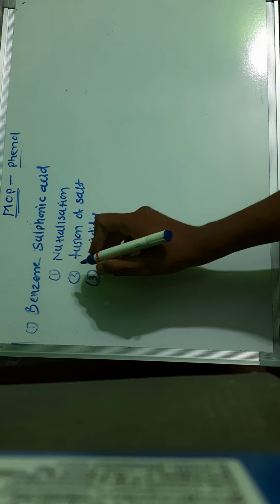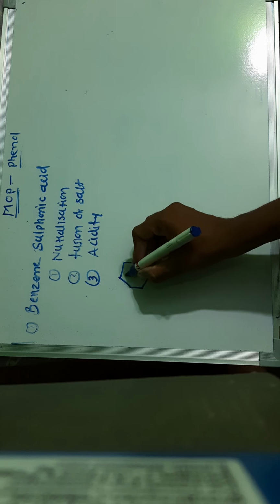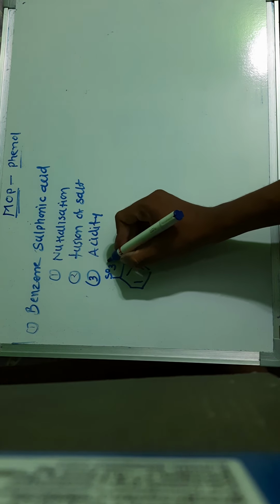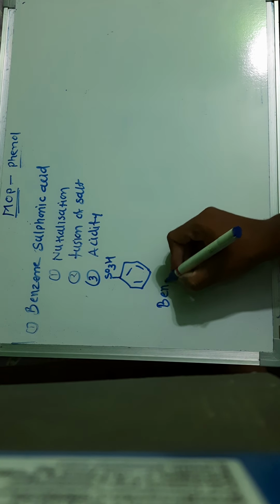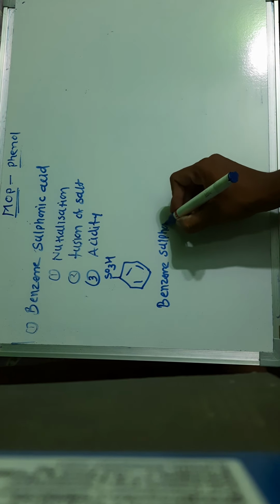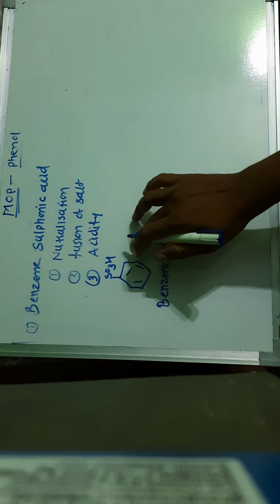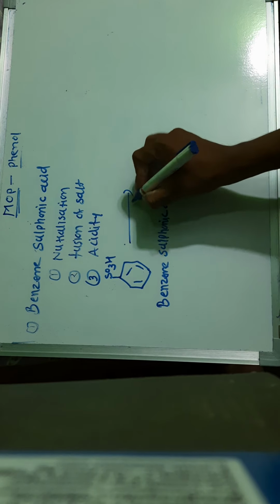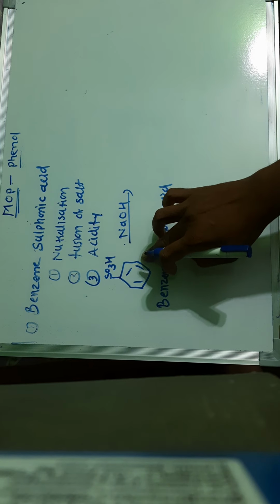First we take the benzene sulfonic acid. This is the benzene sulfonic acid, SO3H. Now when this benzene sulfonic acid reacts with, or is neutralized by, the base NaOH, this is the acid and this is the base.